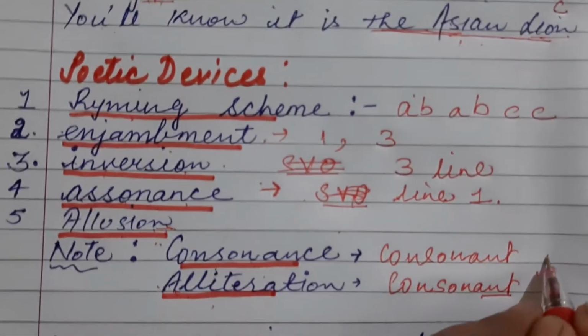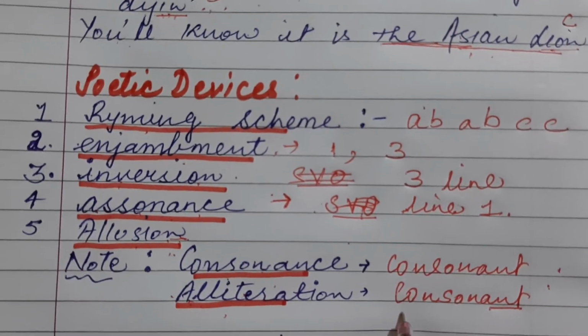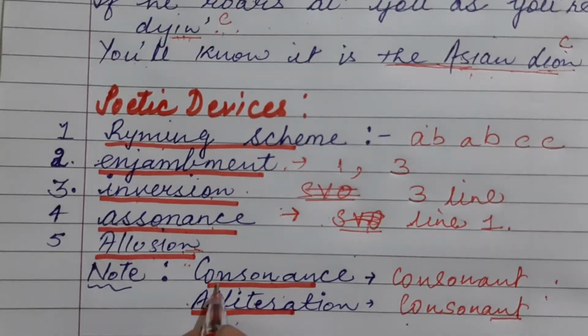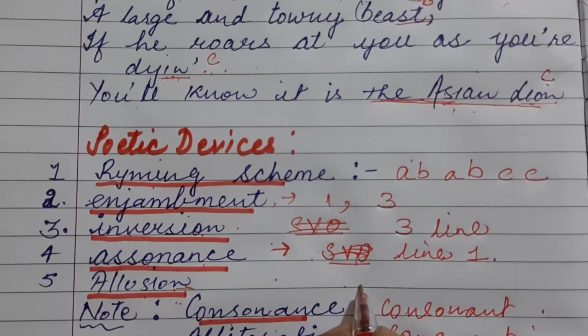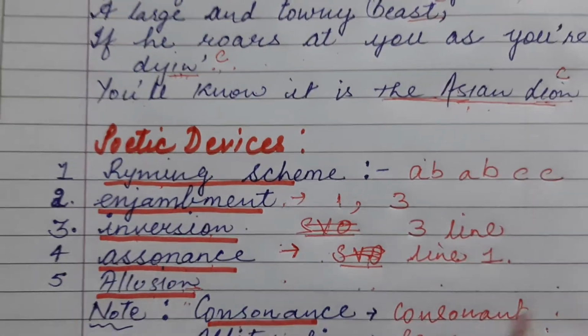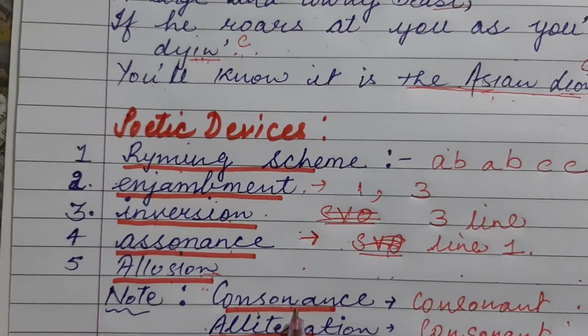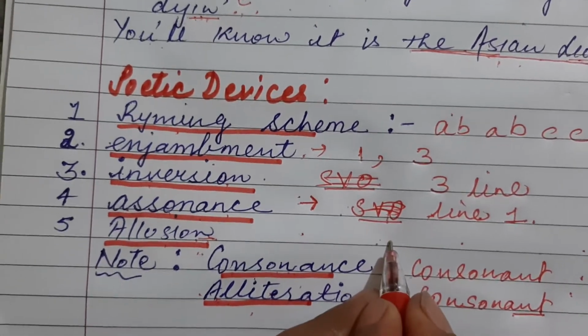What is the difference? Students, the difference lies in the location of the letter. If a consonant lies at the beginning or somewhere in the middle or somewhere at the end of a word in a sentence, that will be called consonance. That means the position of the consonant is varying here.